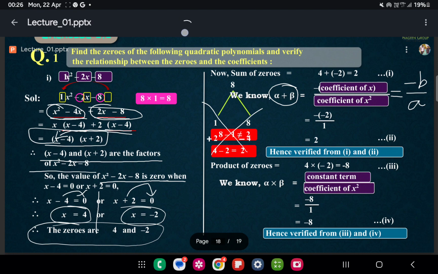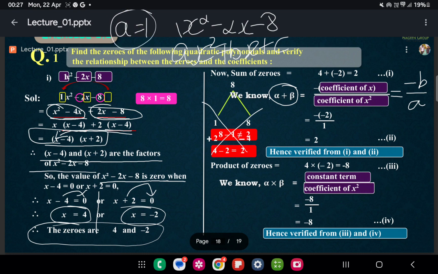Take the equation x square minus 2x minus 8. Here nothing is there before x square, means 1. That is ax square plus bx plus c. Here I will write a equals 1, b equals minus 2, then c equals minus 8.